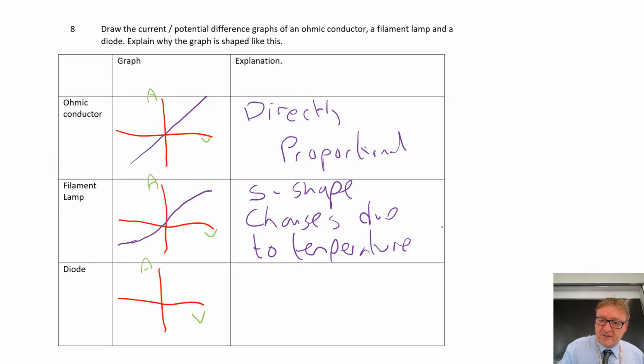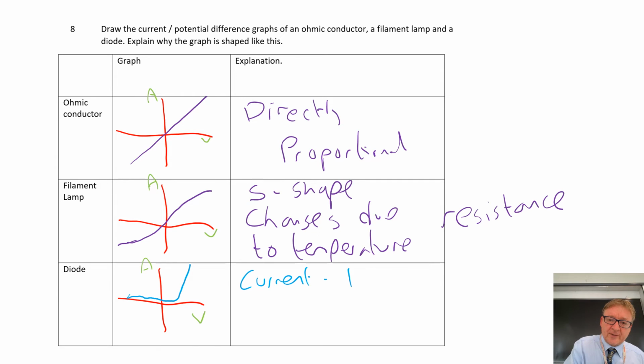I'm just going to put here resistance. Okay, a diode. I hate drawing the diode one, so I'm going to have a go at doing it. What happens is it comes along here, because there's no flow at all, it gets to that point there and it goes wham, it goes up. So current in one direction only.